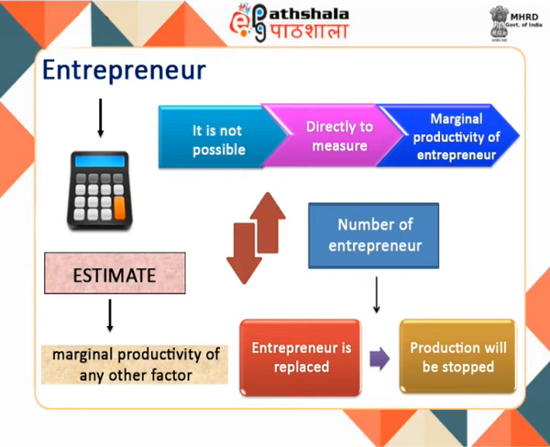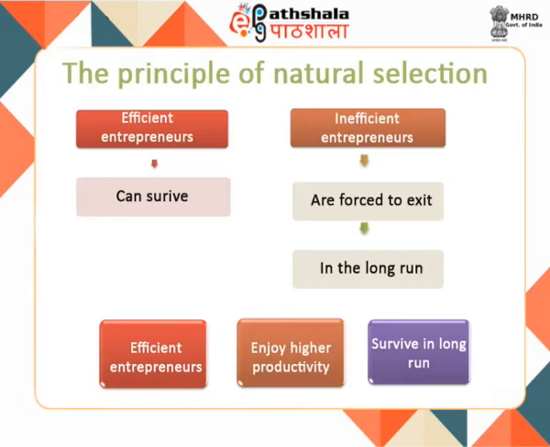This is because if the entrepreneur is replaced, the production will be stopped. Marshall also talks about the principle of natural selection in the process of production. This implies that efficient entrepreneurs can survive, and inefficient entrepreneurs are forced to exit from the market in the long run. Since the efficient entrepreneurs enjoy higher productivity, they can survive in the long run.